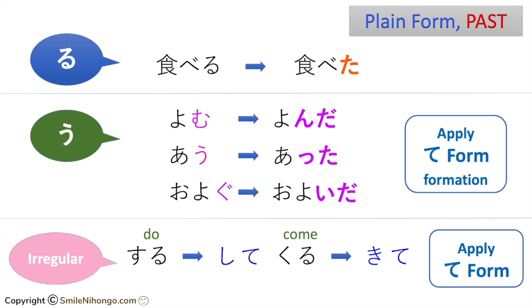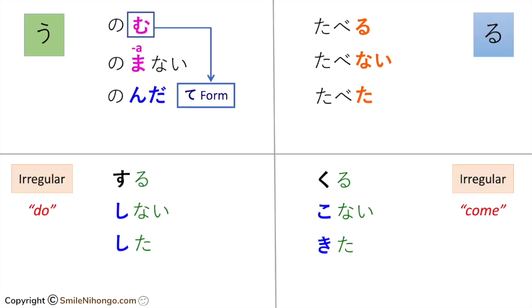Therefore, to come up with the plain past form, you simply change the ending te to ta. The plain past for する is した, and for 来る is 来た.